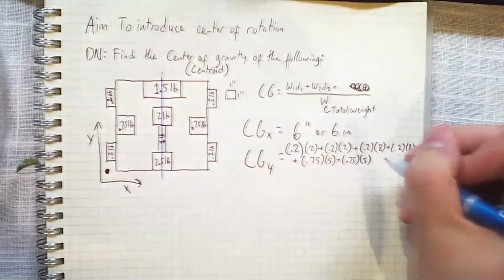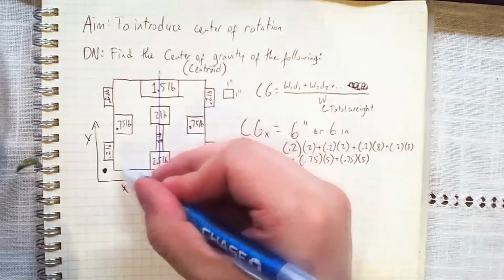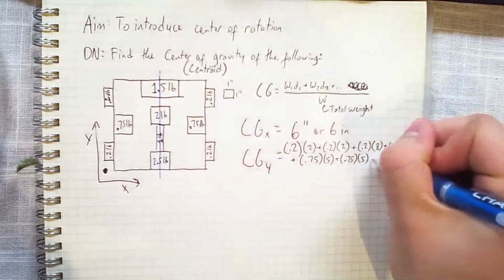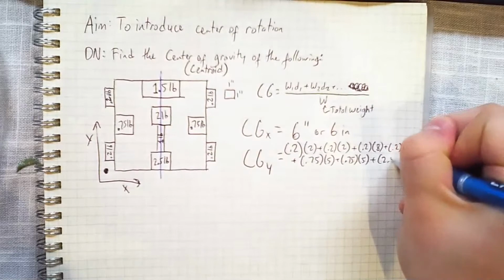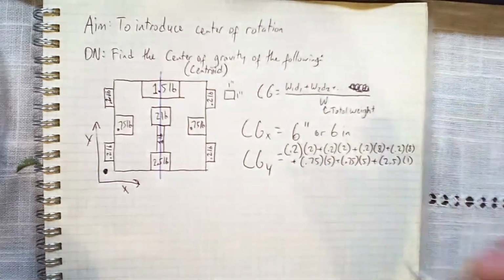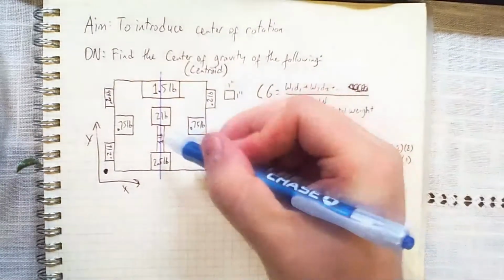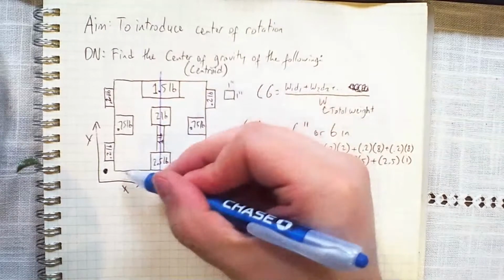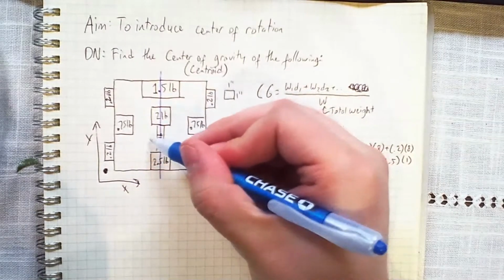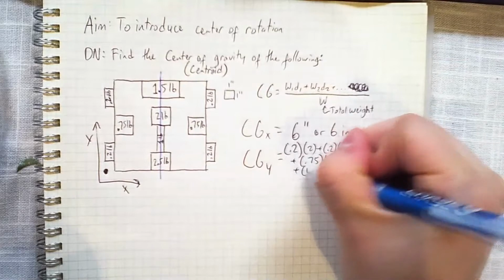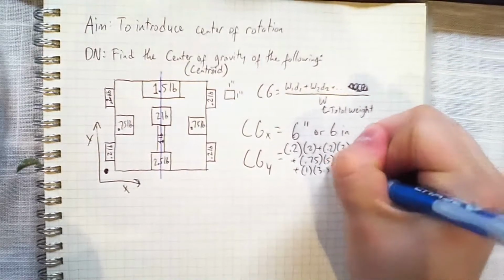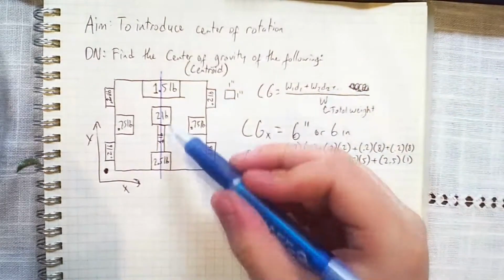Now this 2.5 is 1 inch up, plus 2.5 times 1. Then we have this 1 pound, which is 3.5. So 1 times 3.5.